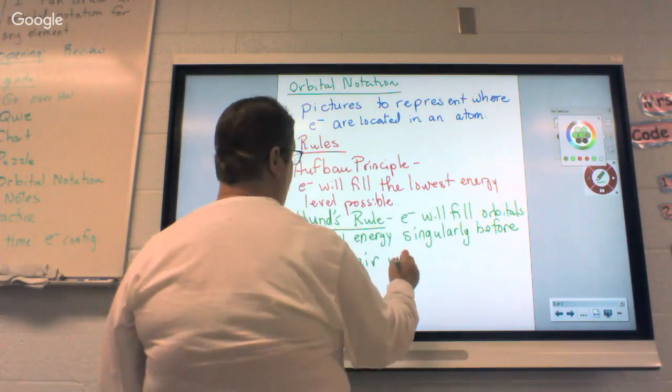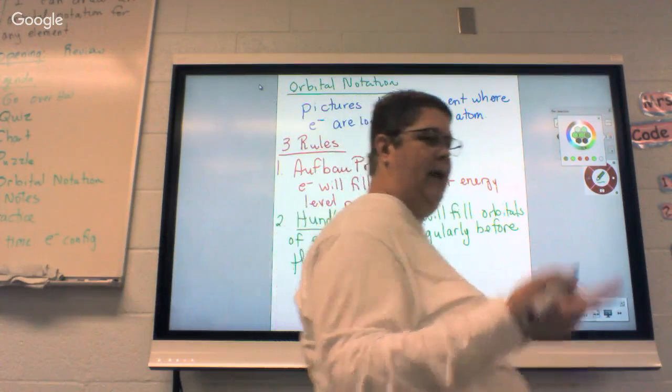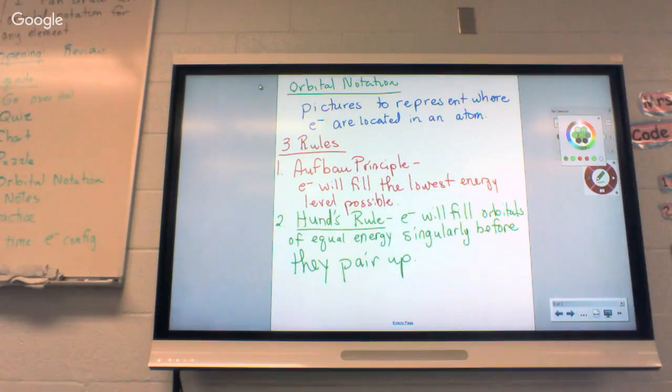So, most of you probably have siblings at home, right? If you don't, consider yourself one. If you've ever had to share a room with a sibling, you know how electrons feel. If you haven't, you don't know how electrons feel. But electrons prefer to be single. So they take their own room in orbitals that are degenerate, of equal energy.